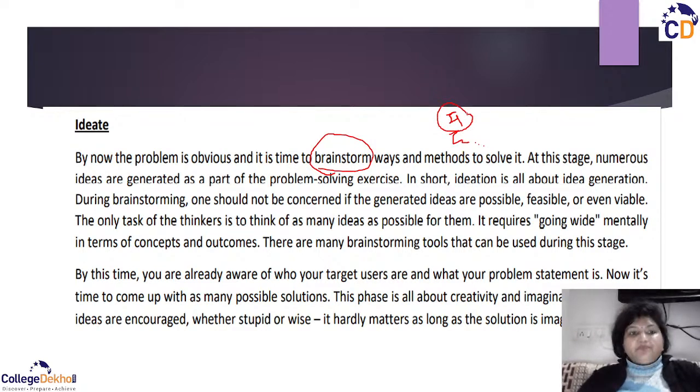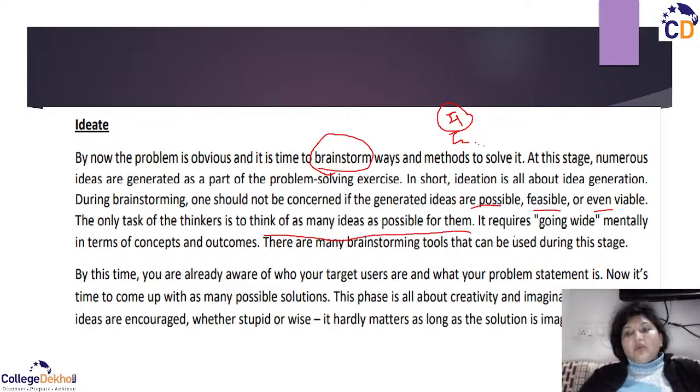So let us see. Ideas are generated as a part of the problem solving exercise. In short, ideation is all about idea generation, right? So in this phase we are talking about the different ideas for solving that particular problem. During brainstorming, one should not be concerned if the generated ideas are possible, feasible, or even viable. The only task of the thinker is to think of as many ideas as possible.